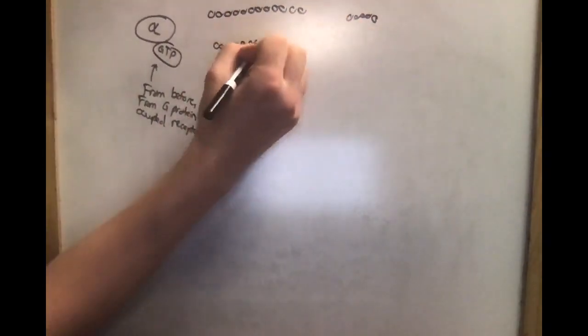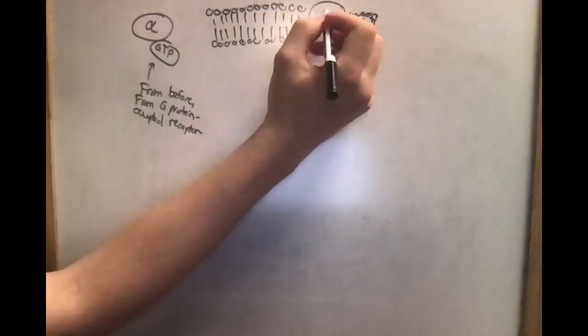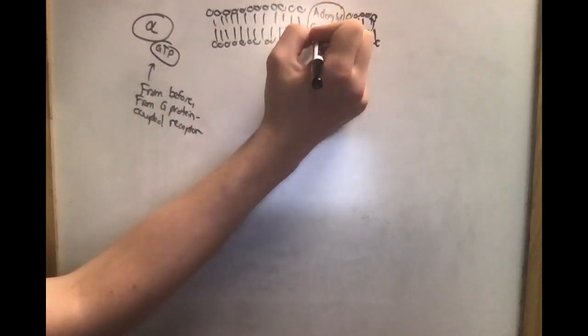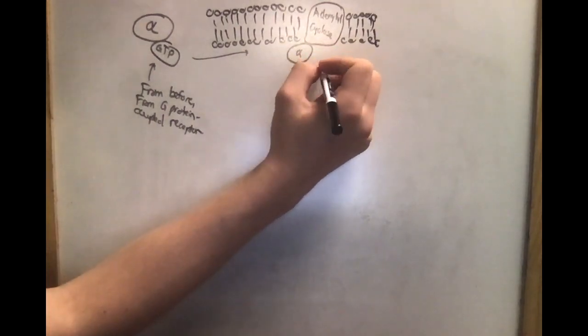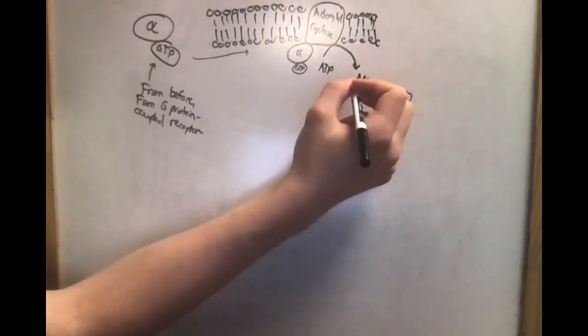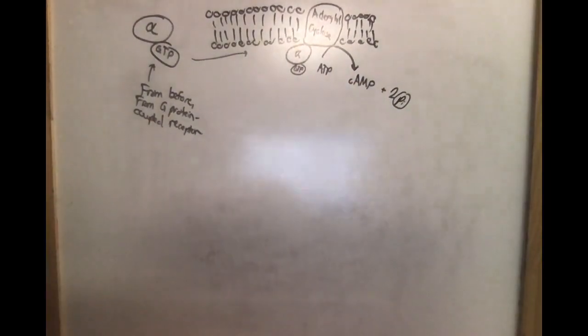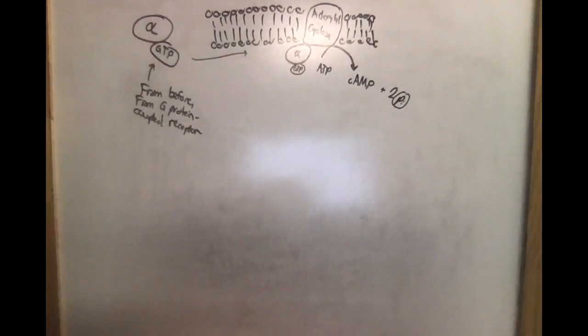Let's say that our effector protein is actually adenylyl cyclase. This means that when the activated G protein arrives, or the activated alpha subunit, it causes the adenylyl cyclase to cleave a molecule of ATP into cyclic AMP, a common secondary messenger. So why is cAMP important?